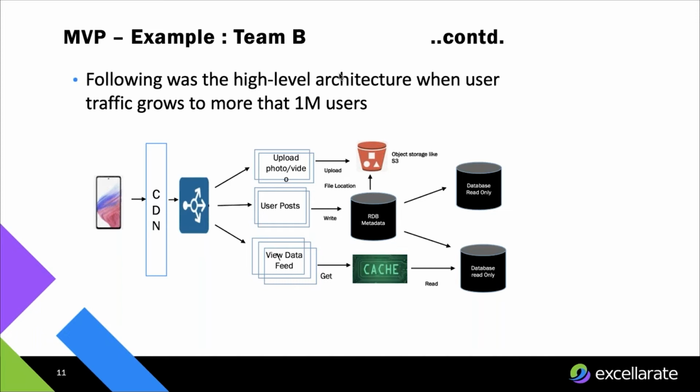Which component, for example, the view data feed, right? On a page like Instagram, there was a requirement of a timeline, like the data feeds, what other users are doing. So what they did was they had a different service which was handling it that was getting more user traffic. So they were able to scale this particular component, right?